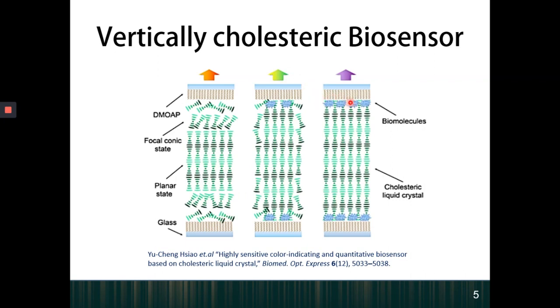If you interface between the DMOAP and the liquid crystals, it will change the direction of the crystalline liquid crystals. It will transfer from the focal conic state, which means the random scattering directions of the liquid crystals, to the planar state. This planar state makes the liquid crystal color change.